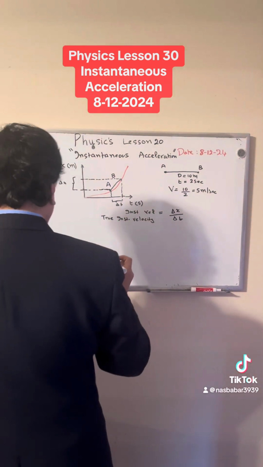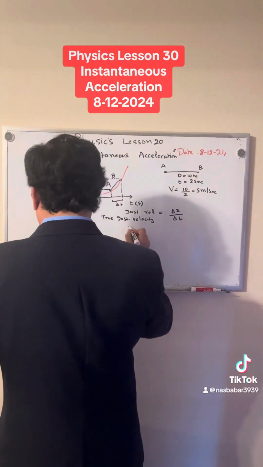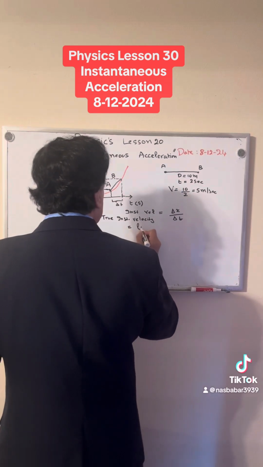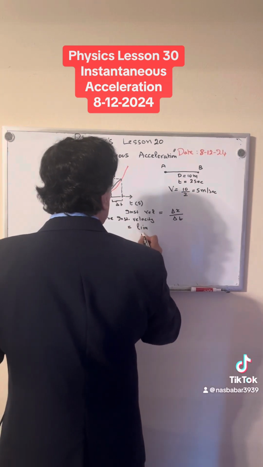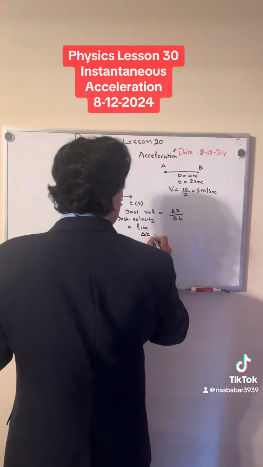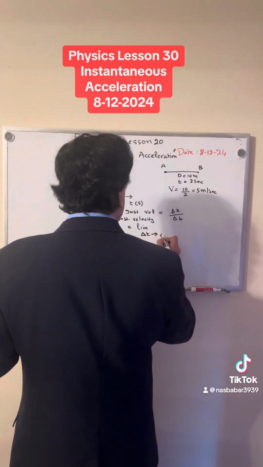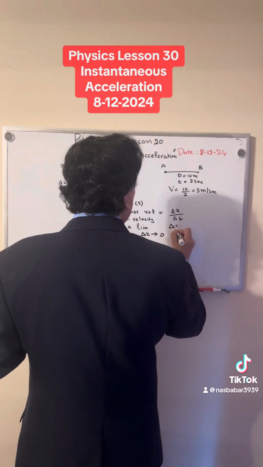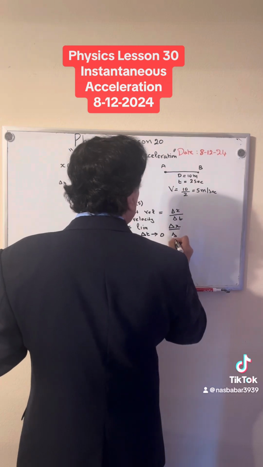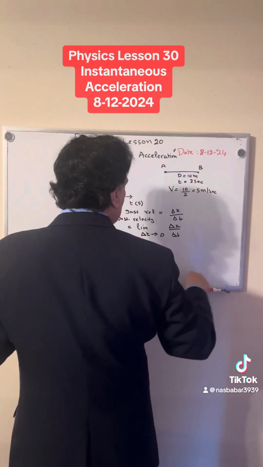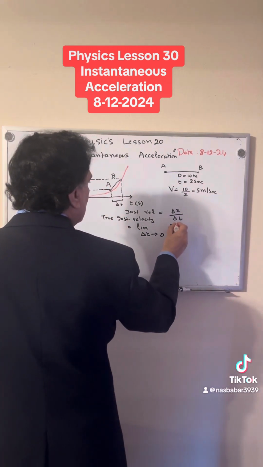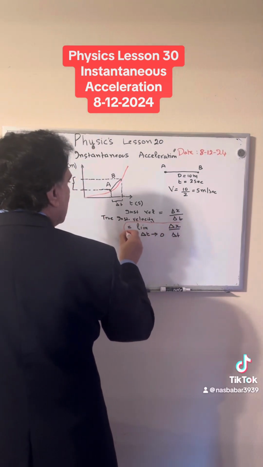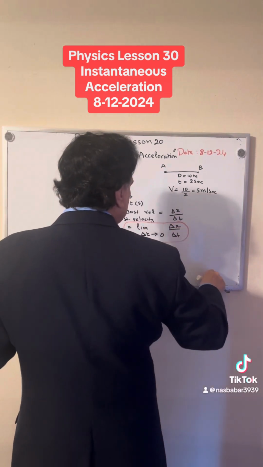We say instantaneous velocity is equal to the limit as delta t approaches zero of delta x over delta t. So that is the true instantaneous velocity right here.